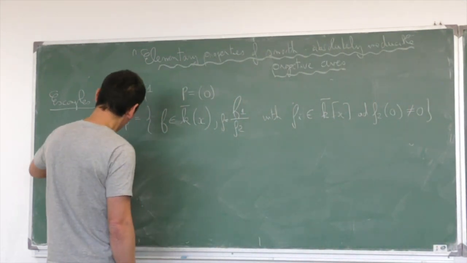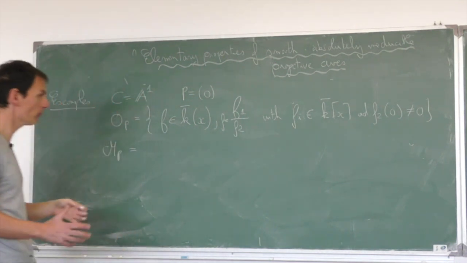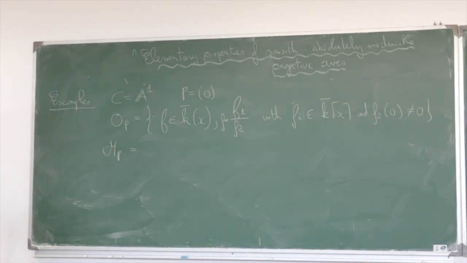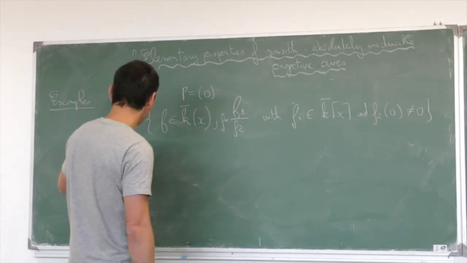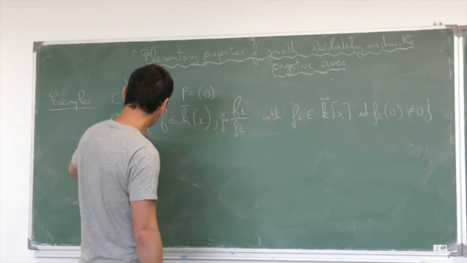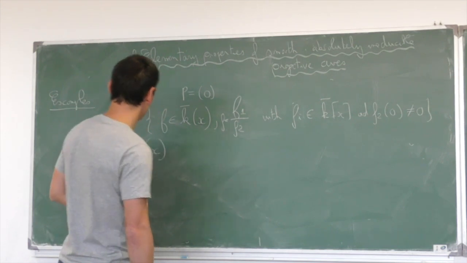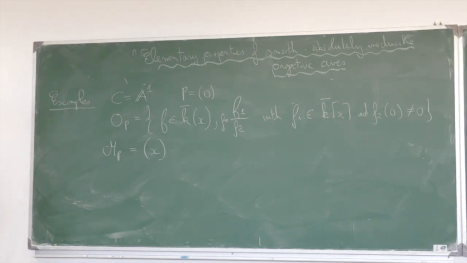And it's even easier to describe M_P, because for M_P you want everything which is going to be 0 at your point P. And this is obviously the ideal which is generated by x.